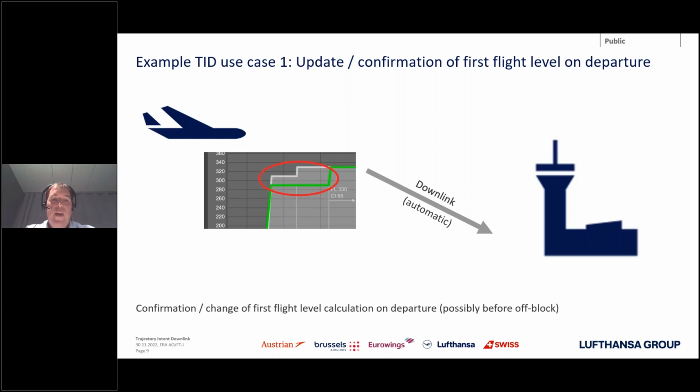So there's a difference, and ATC usually is unaware of those changes. And if you had this direct intent downlink technology, you could send this information just after off block, when the weight of the aircraft is 100% sure, instead of asking just a few minutes before the actual flight level is reached by the aircraft. So the ATC controller can plan ahead using this information. Next slide, please.